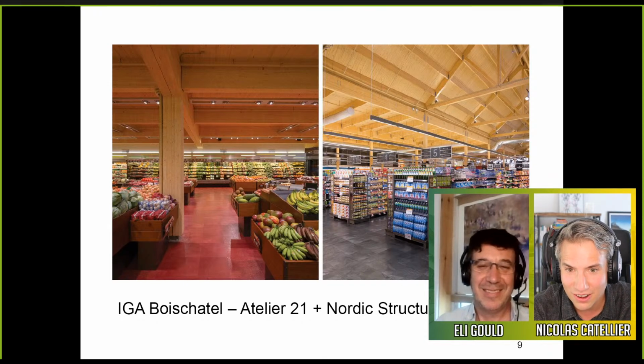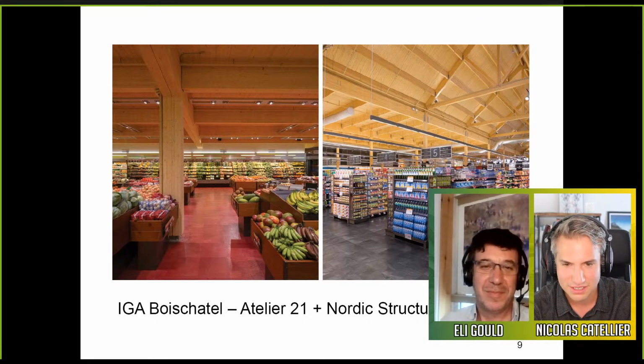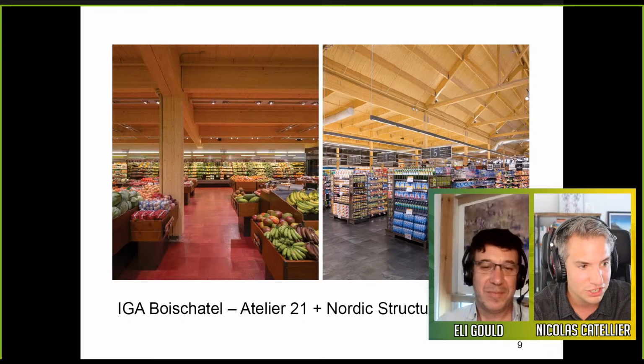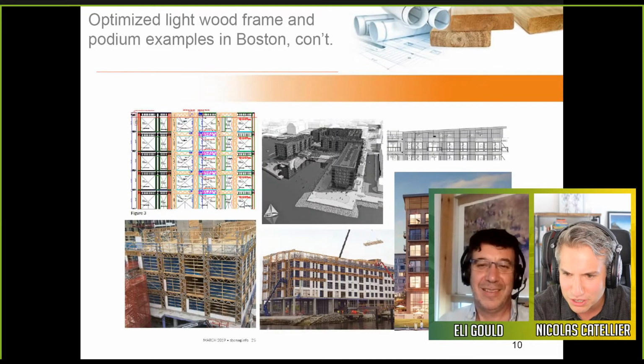All of this was glulam, I guess, and it looks like CLT on the roof. Yeah, CLT on the roof, sure. Super fun project and a pretty distinctive supermarket. I wanted to shout out Atelier 21 and Nordic Structure for this great project. I don't think I've really shown my work as an architect to the public yet, so I thought it was a good moment to show this project.